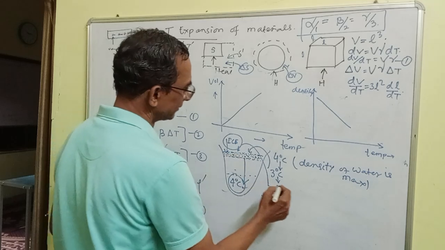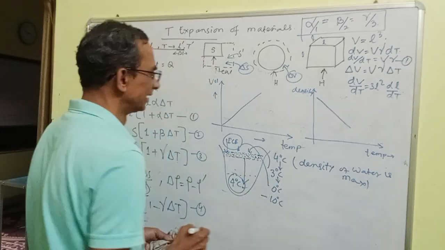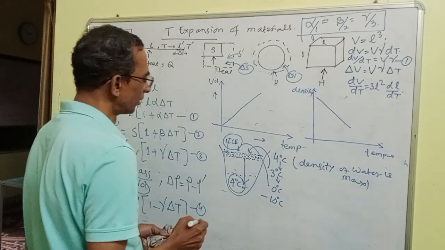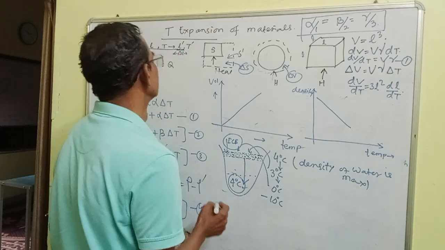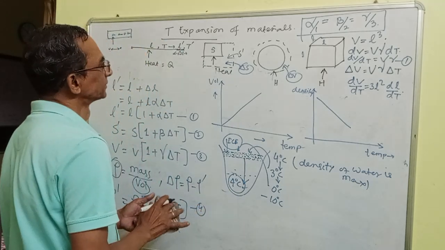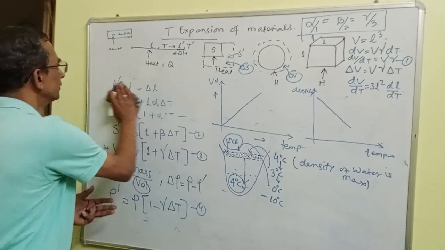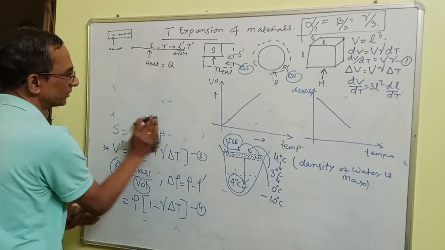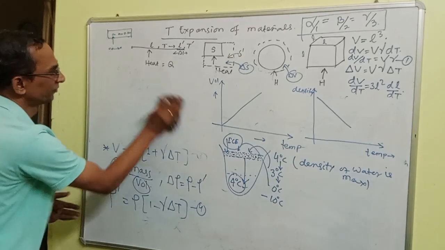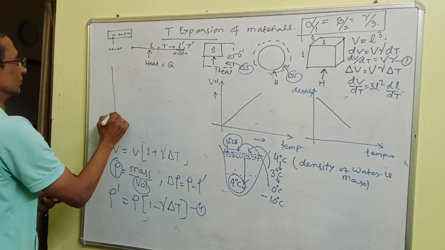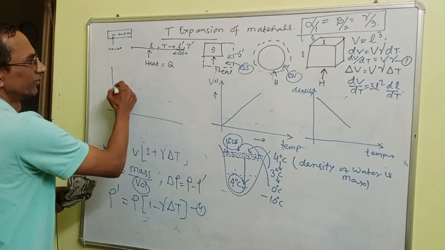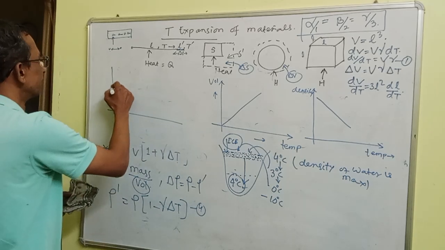Ice density is less than the density of water. Hence, once we draw a graph for water, we find there is some difference from the other one, that anomaly.